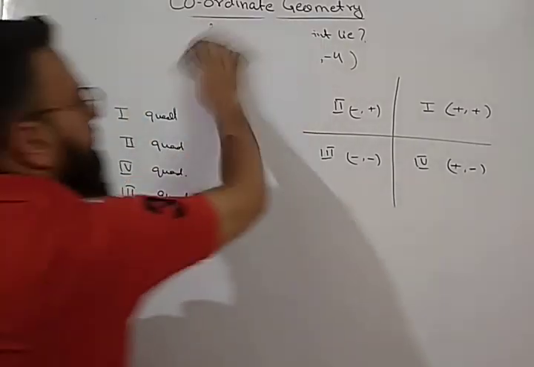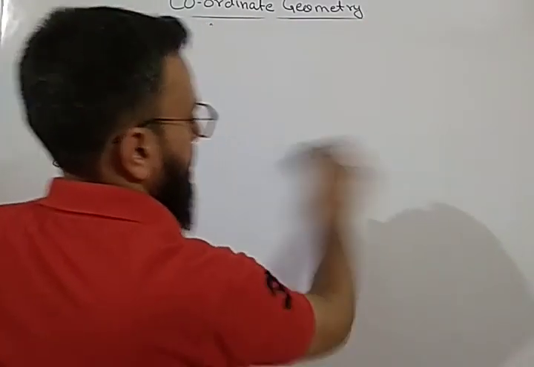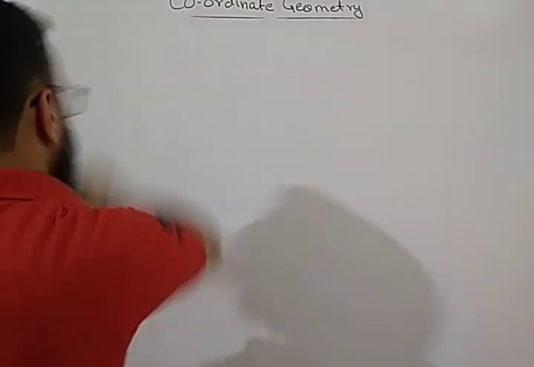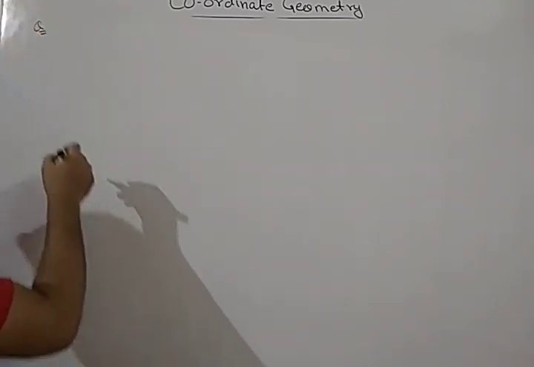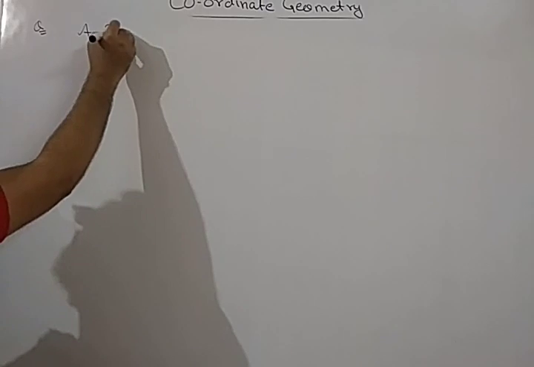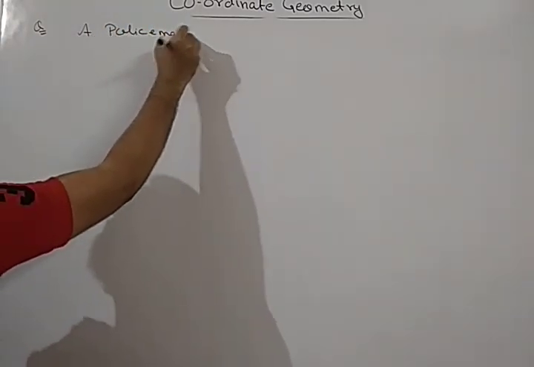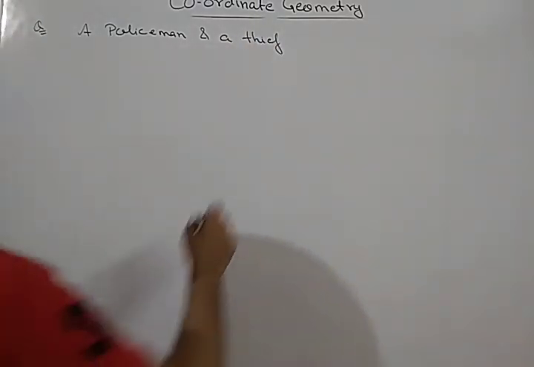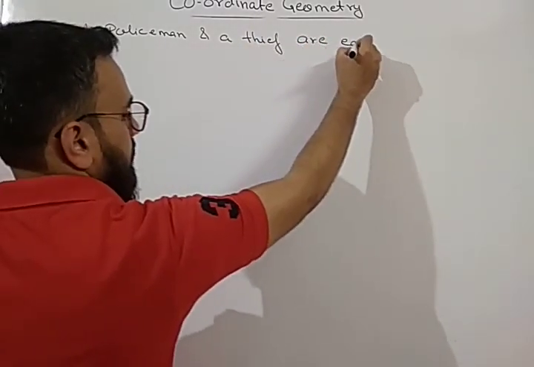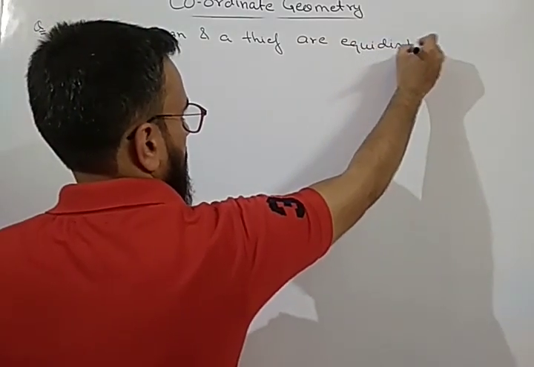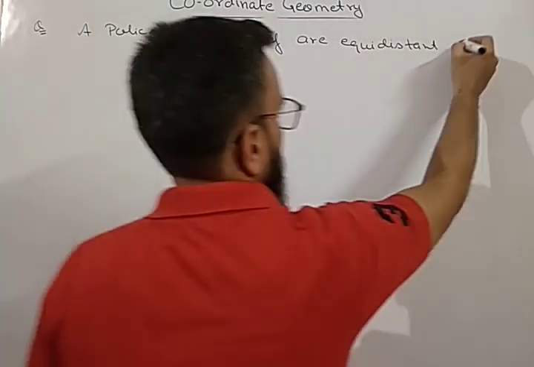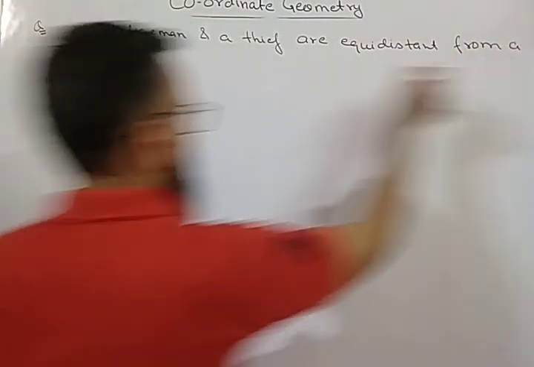Now let us solve a very important question. A policeman and a thief are equidistant from a jewelry box.